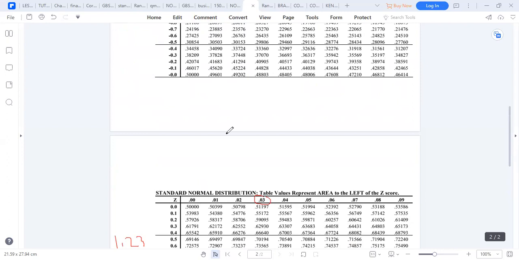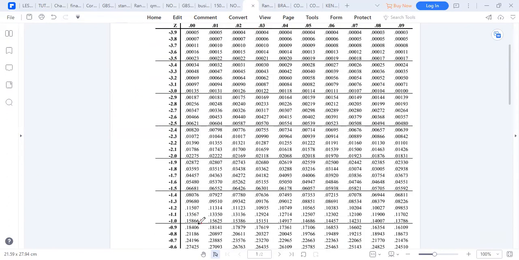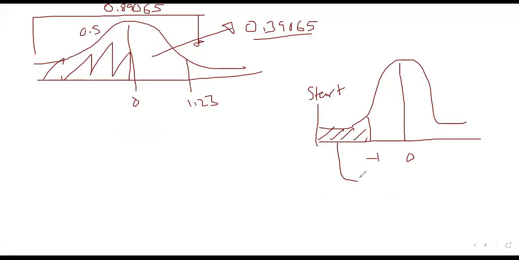So -1.0. This is the reading for -1: 0.15866. So the reading from here to here is 15%.